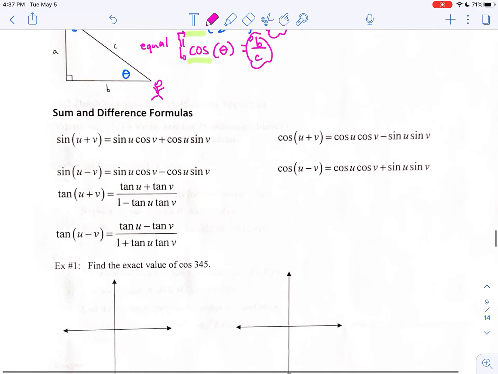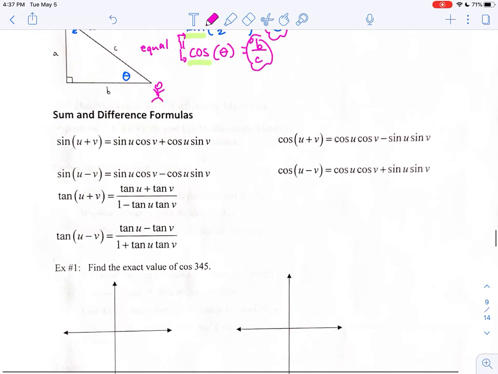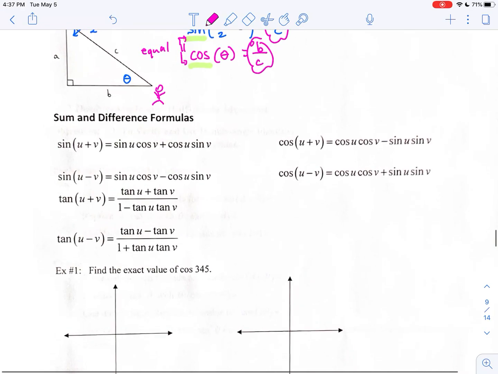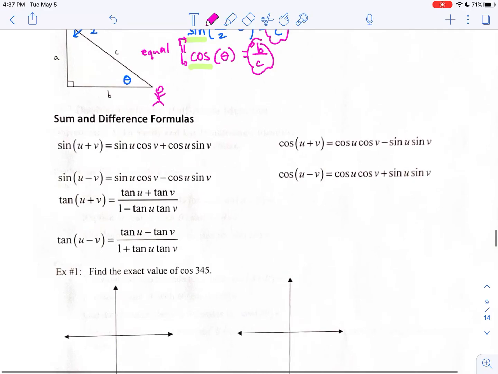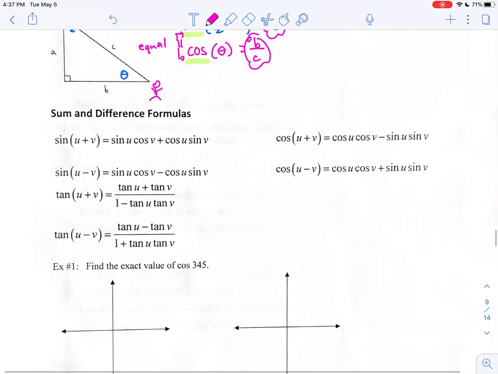However, it is the result of two angle measures that are either added or subtracted that you can find on the unit circle. It's the same thing as 300 plus 45, which are both part of the unit circle.